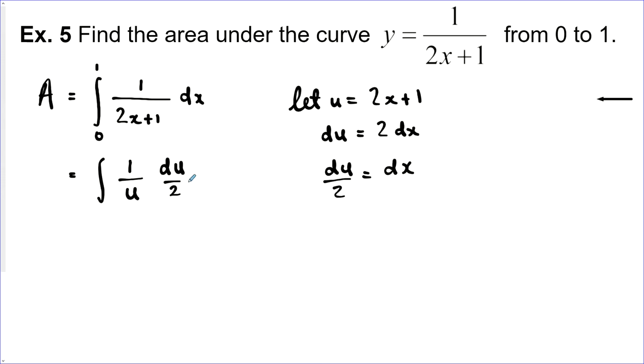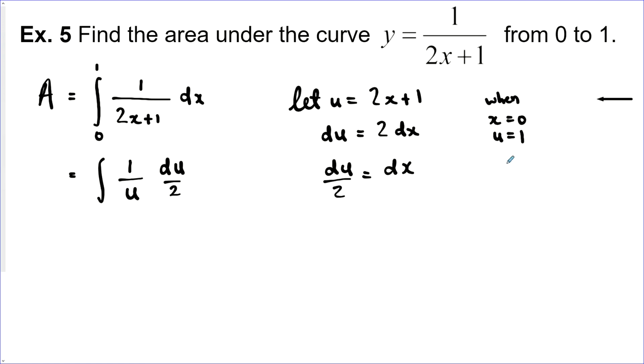Now we're in terms of u, and these old limits here were in terms of x. So we need to change those. So we would have when x is equal to 0, then u equals 1. Let's put in that equation there.